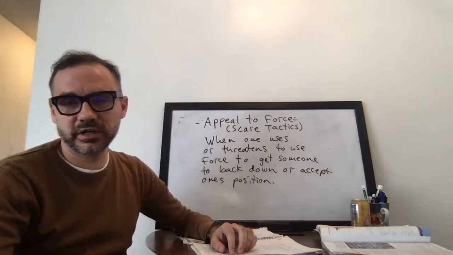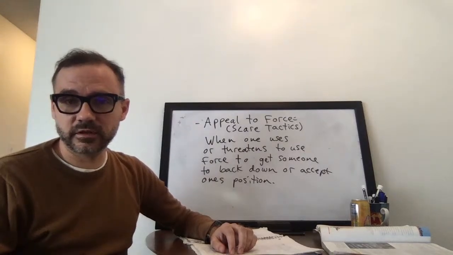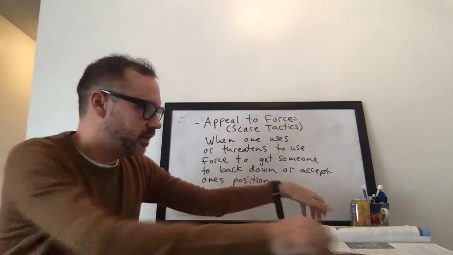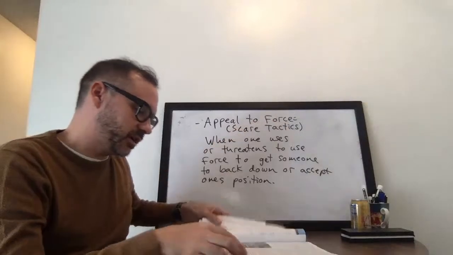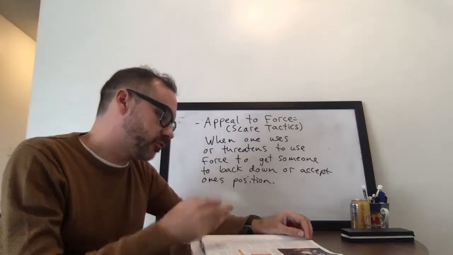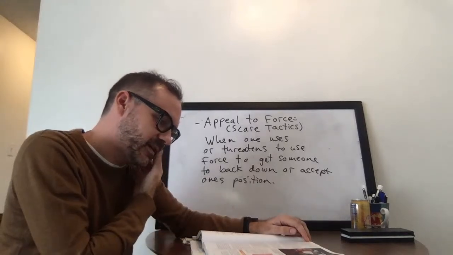But if another individual has power or leverage over you, then sometimes that will be the basis for such a scare tactic fallacy. Let's see what the book has, and maybe I can throw in some more from them. Don't disagree with me. Remember who pays your tuition. Don't disagree with me or I'll slap your face.